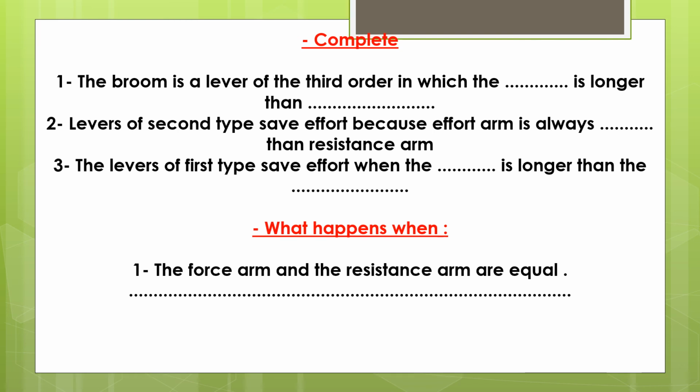The answer: the broom is a lever of the third order in which the resistance force arm is longer than the effort force arm. Number 2, levers of second type save effort because effort arm is always space than resistance arm.